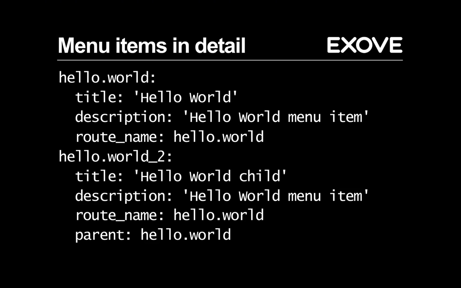There are names, titles as we used to, descriptions to go to the menu UI, and the most important thing, which route from the routing system, most probably in a routing YAML, to point to. And the top item here doesn't say in which menu that item is, or it doesn't have a parent.